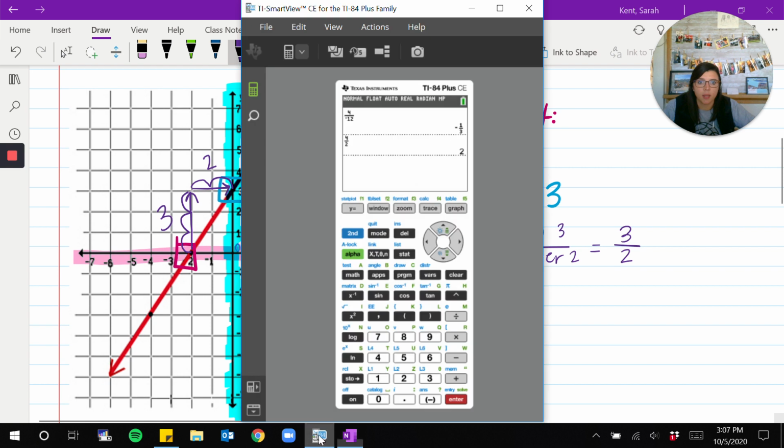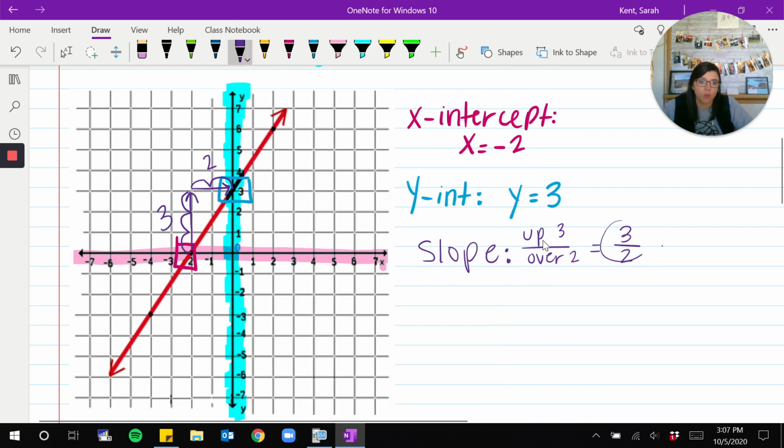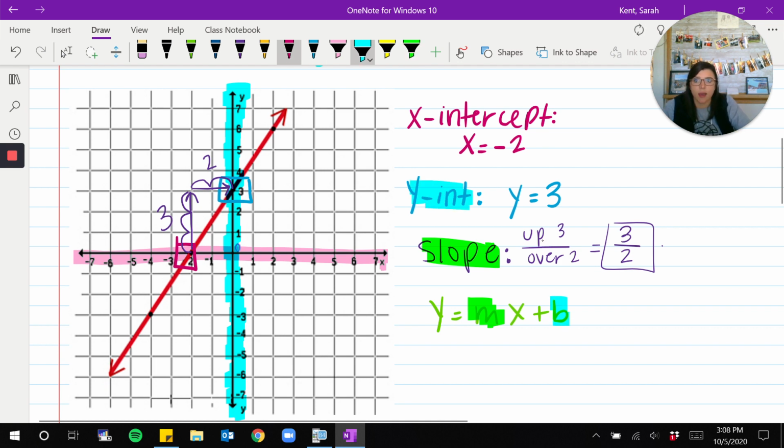And if I put it in my calculator, alpha y equals, enter, 3 over 2. I get the same thing, 3 over 2. So my slope would just be this 3 over 2. So again, in the end, if we think about y equals mx plus b, for our m, we're going to plug in the slope. And for b, we're going to plug in the y-intercept.